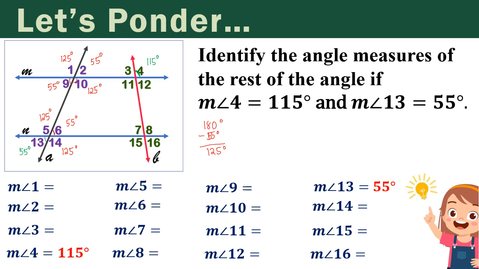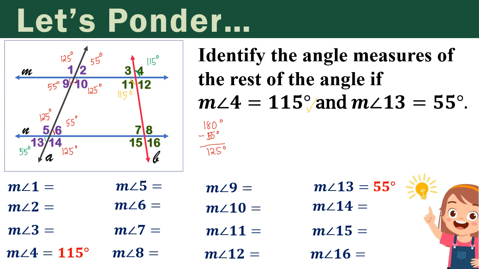Now I will proceed with 115 degrees. It's also given that measure of angle 4 is 115 degrees. Hence, we can say that angle 11 is 115 degrees as well. Alright, now moving on, angle 3 and angle 4 are linear pairs, right? Thus, they should be supplementary.